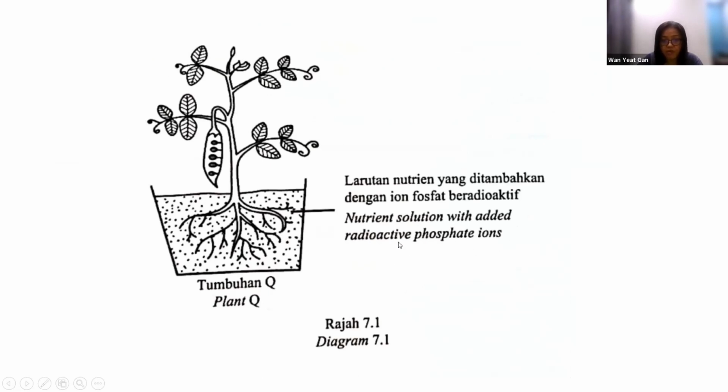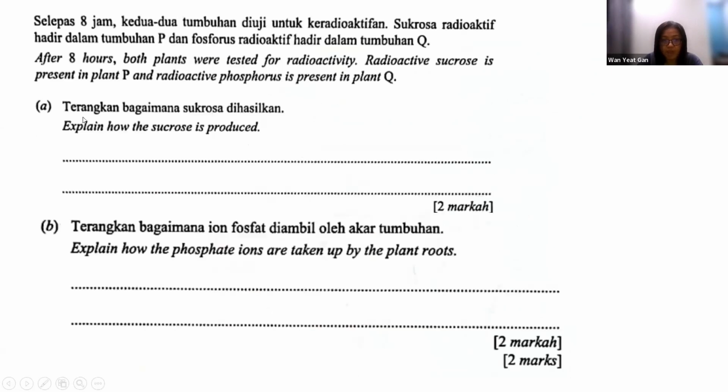So one is radioactive carbon dioxide, the other radioactive phosphate ion. After 8 hours, both plants were tested for radioactivity. Radioactive sucrose is present in plant P, and radioactive phosphorus is present in plant Q.